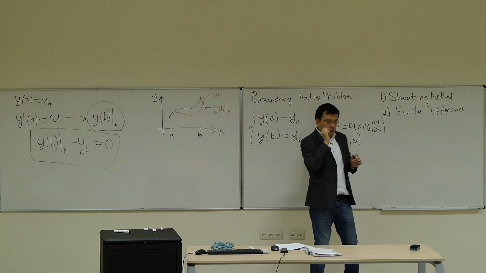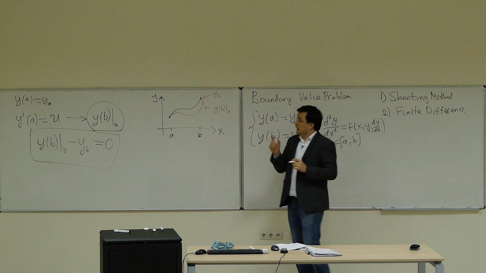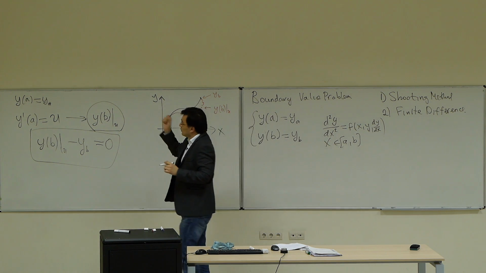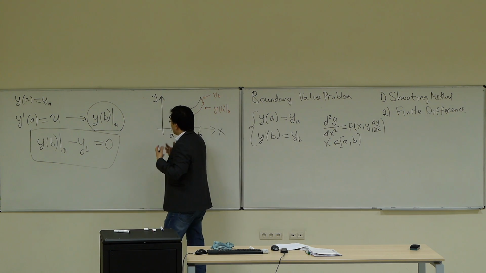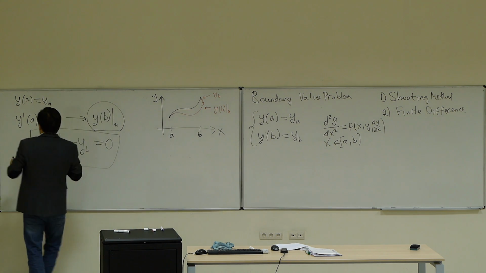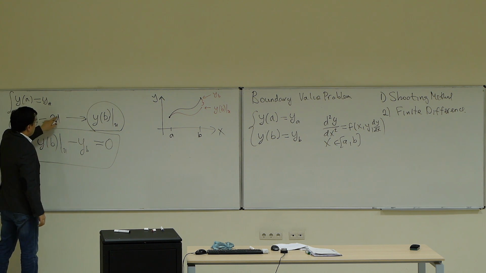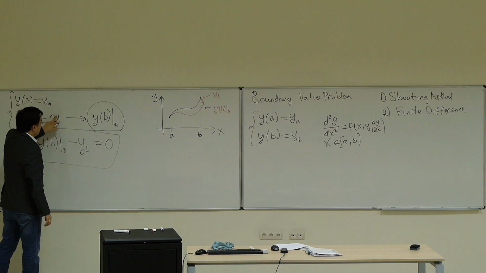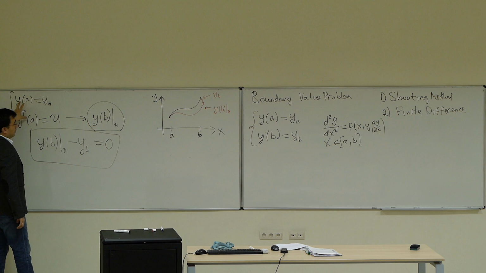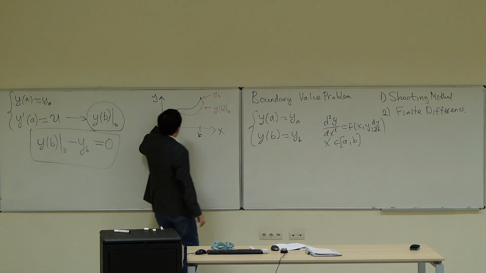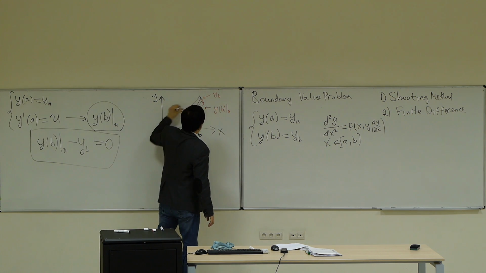Of course, at each iteration we start from one guess, then another guess. At each of those refinements of my guesses, I have to solve an initial value problem for that u and see whether I'm approaching the target or not.